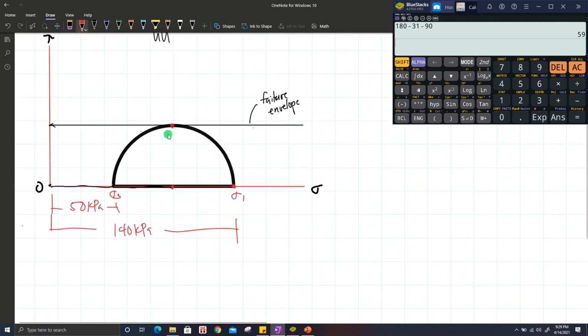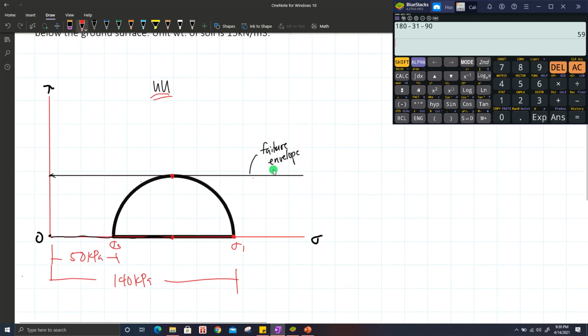So, ang cohesion ng soil natin, since under tayo sa UU, horizontal line ang ating failure envelope. So, kung saan niya in-intersect yung y-axis natin, doon yung value ng shear stress. So, yung value ng shear stress niya doon ay yung ating cohesion. So, para mahanap tong cohesion na to, una, hanapin muna natin yung difference nitong major and minor principal stress.